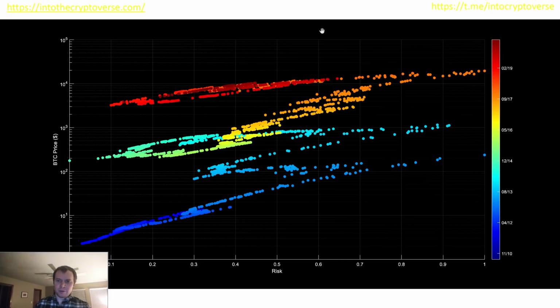A couple more things. Sorry about the white on either end here. This just shows the price of Bitcoin versus the risk. I just wanted to show you this pattern. I've shown it before, but the idea is as the risk goes up in a market cycle, and then the price and risk go down, and then ultimately we curl around and have this loop form. But once the loop forms and we've established a new baseline of Bitcoin, then as we move back up at the same price, the risk is lower than it was a few years ago at that speculative bubble.